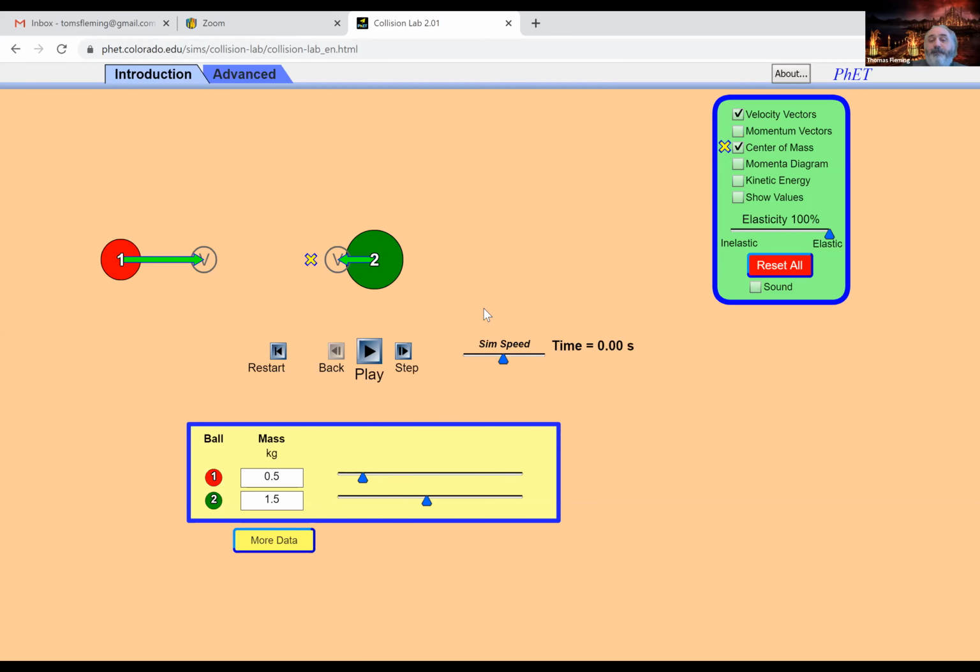All right? So don't pay attention to the balls, pay attention to the X and watch what happens. So when those two balls collided, what happened to the motion of that X? How did that X motion change?